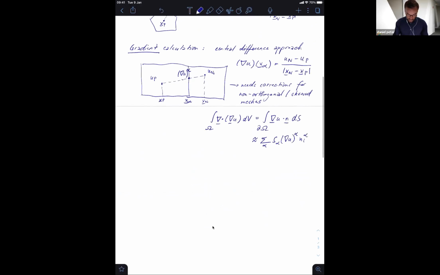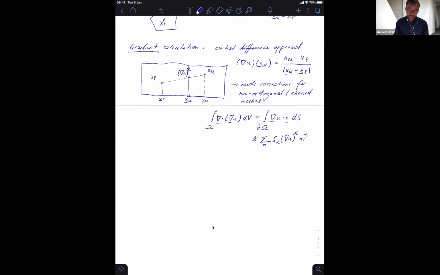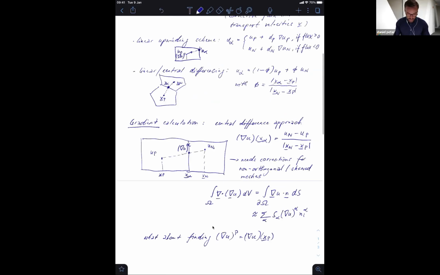And one way to do it is using again a Gauss approach. So what about having this for this linear upwinding scheme?